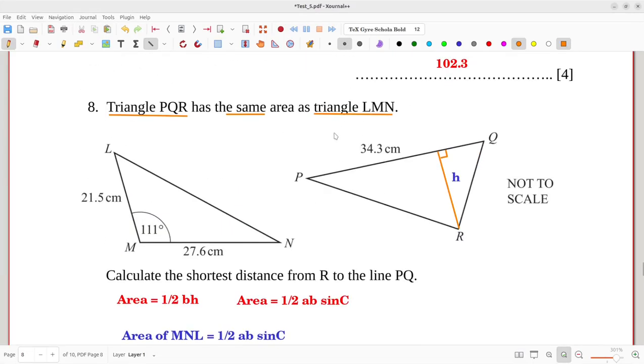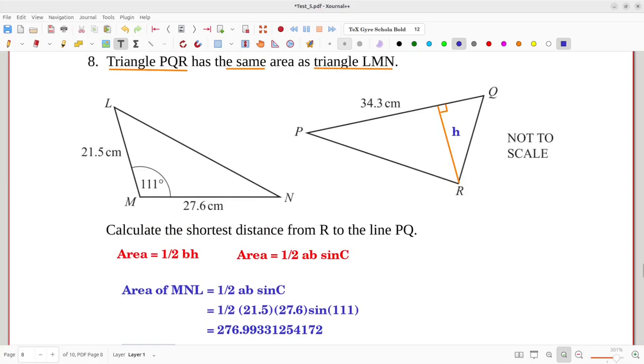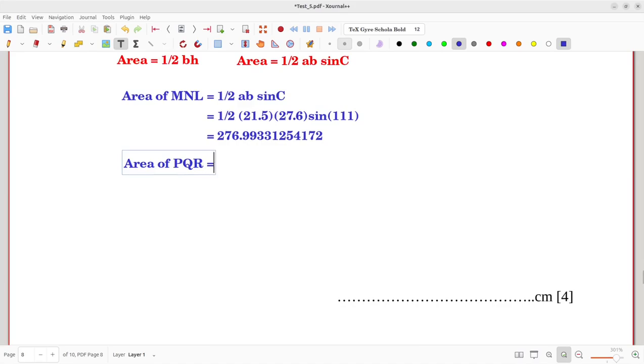But then since we have a base and a perpendicular height, we are going to use this formula here with a base and a perpendicular height. So the area of triangle PQR will be equal to half base times the perpendicular height.